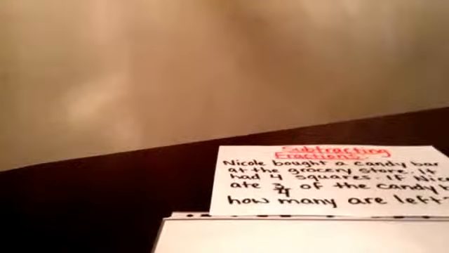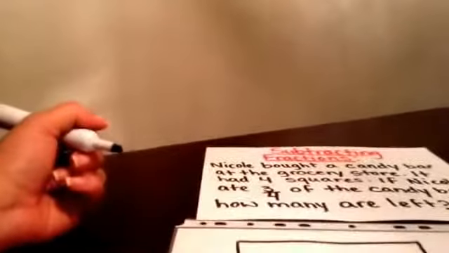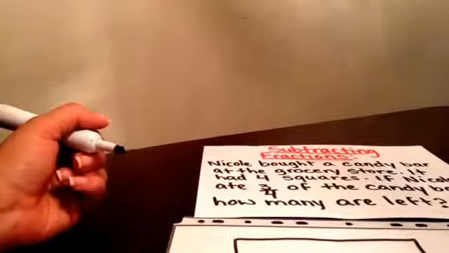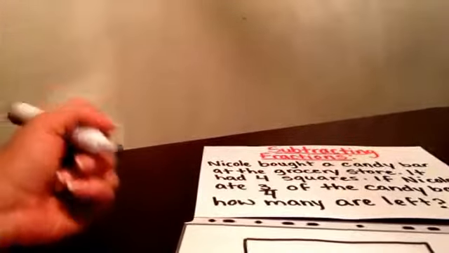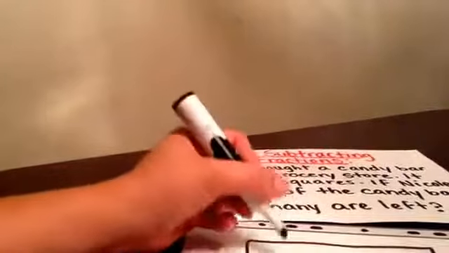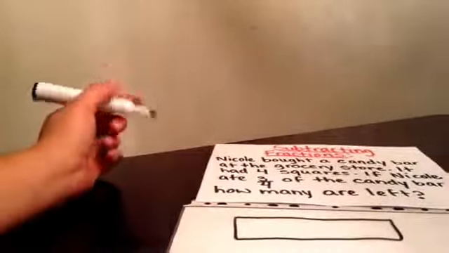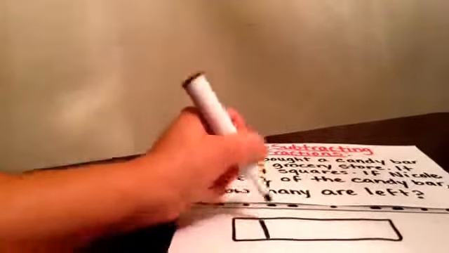And we're going to represent the candy bar as a rectangle too. This one is the candy bar, right? So then we can label how many fractions the candy bar has. So it says that the candy had 4 squares. So 1, 2, 3, 4. Okay?